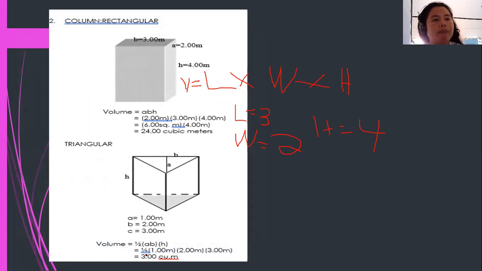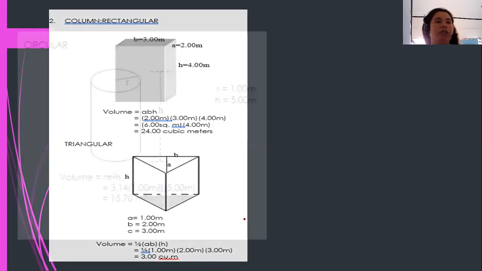So 1/2 times the A, which is 1 meter, and the B is 2 meters, and the H is 3 meters. Okay, so 1 times 2 equals 2, times 3 equals 6, divided by 2. The answer is 3 cubic meters.